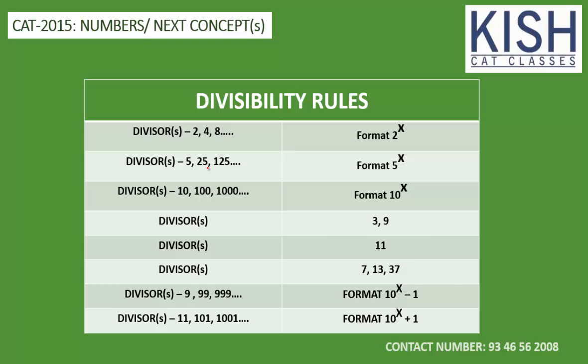So in the next few videos, I'm going to teach you divisibility rules, that is, numbers of the format 2 power x or 5 power x and 10 power x, divisors 3 and 11, and then divisor 7, 13, 37. And the next important ones are the divisors which are of the format 10 power x minus 1 or plus 1.